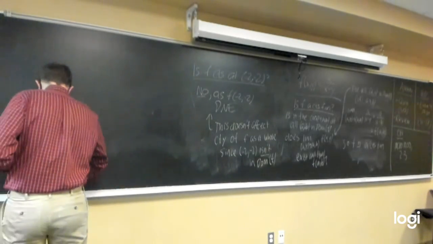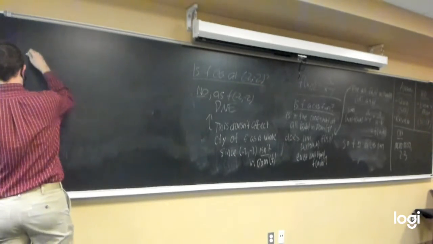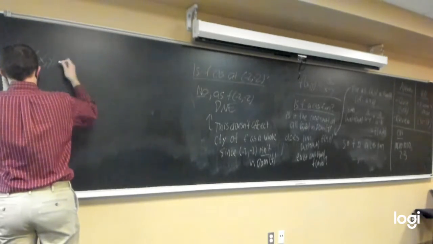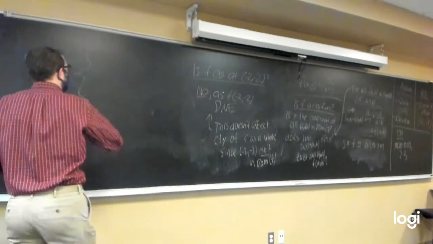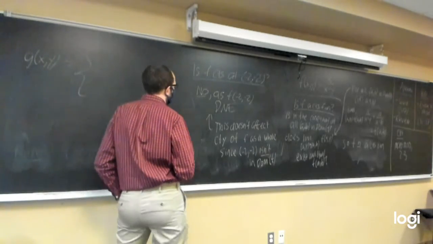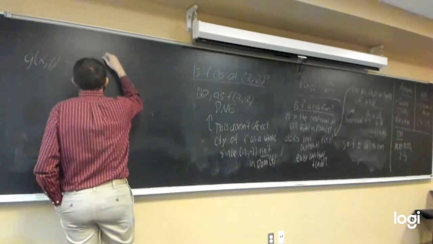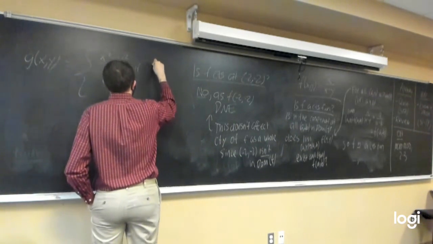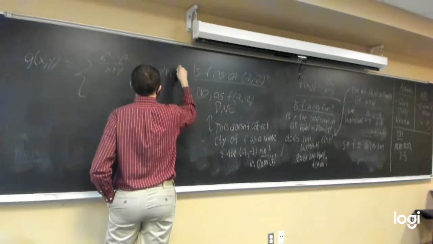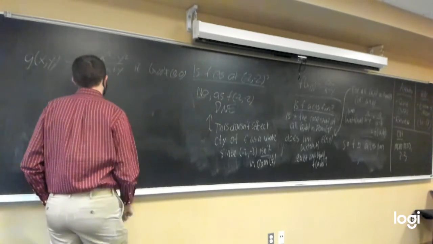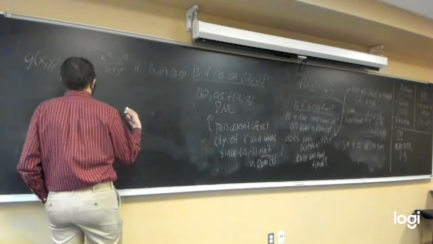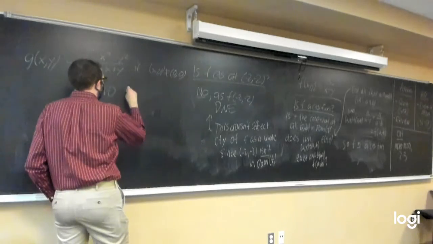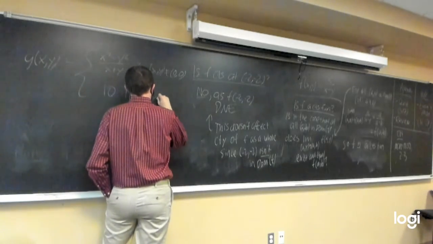Let's say we had a piecewise function, like g of x, y, equals x squared minus y squared over x plus y if xy is not 0, 0, and 10 if xy is equal to 0, 0.